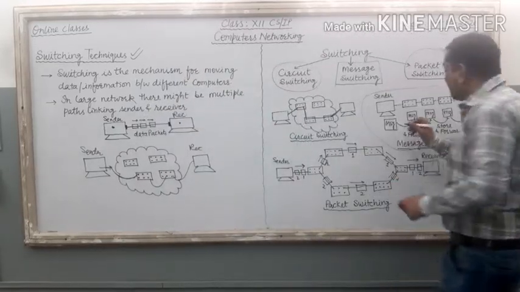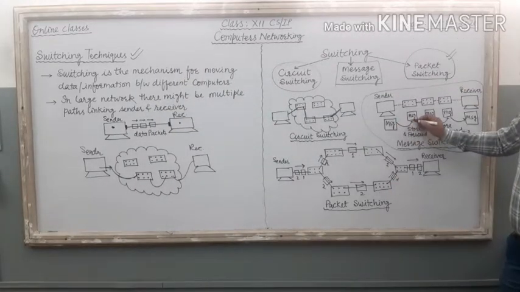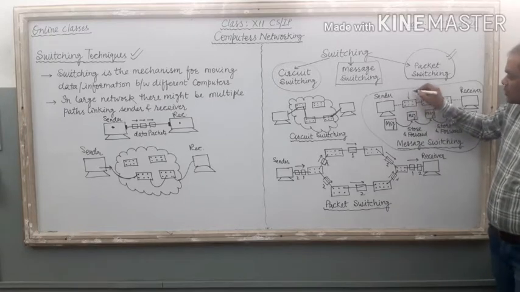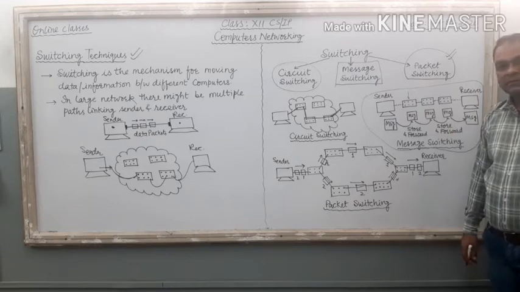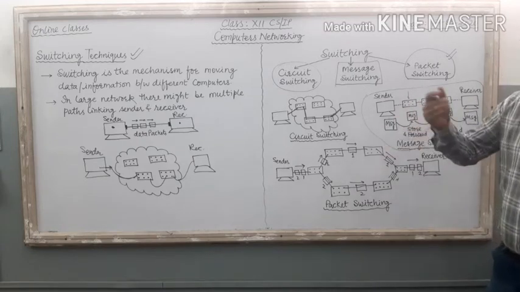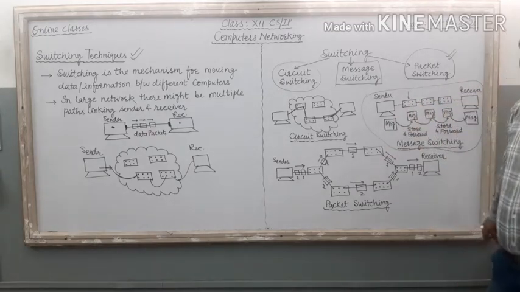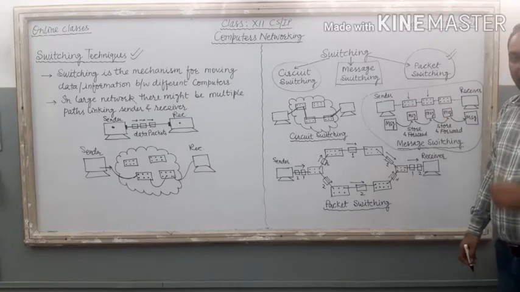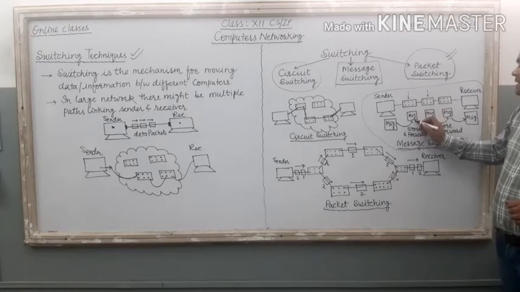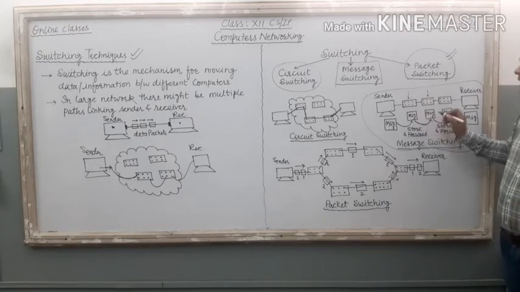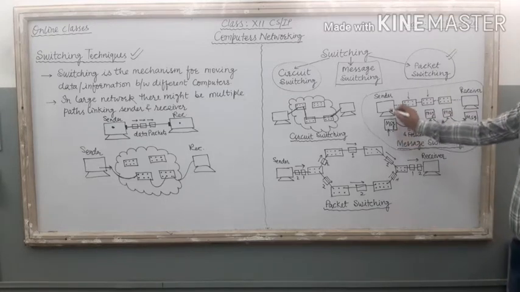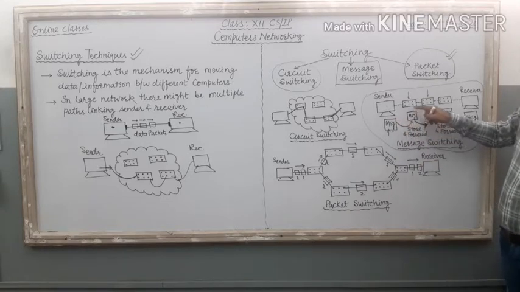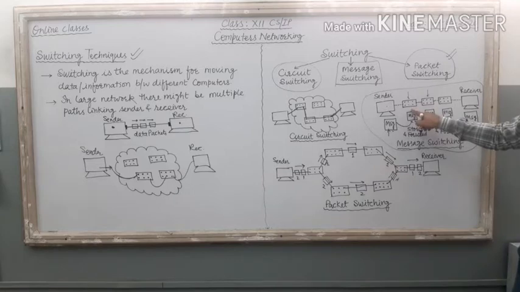Very first, the message approaches the nearest node. Here, this node stores the message into its disk. Then, if the second node is available, this particular message travels from the first node to the second node. The sender sends the message, so it is stored in the very first node.